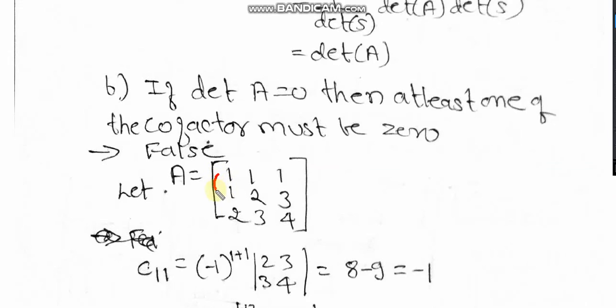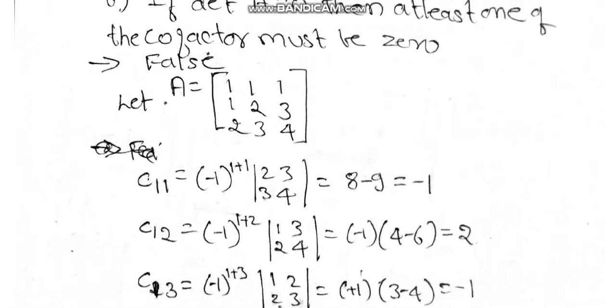If I add row 1 with row 2, what will I get? 1 plus 1 is 2, 1 plus 2 is 3, 1 plus 3 is 4. So the third row is linearly dependent on the first and second rows. So automatically the determinant value will be 0, because if I subtract the first and second rows from the third row, I will get 0 0 0.